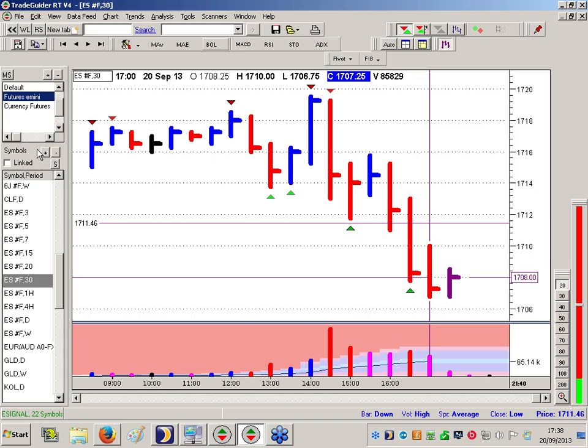Thomas is asking, because you were talking about programming, can you get the simple trending system programmed into software? Well, it's kind of already programmed in because the bars change colour.